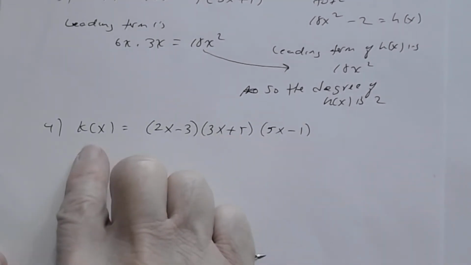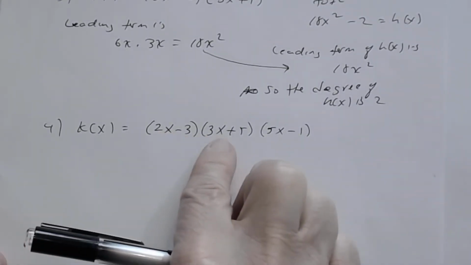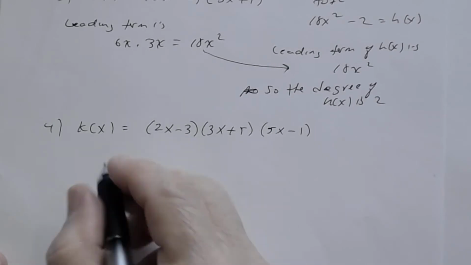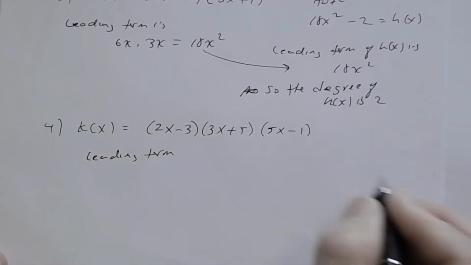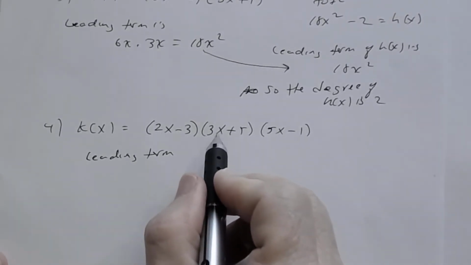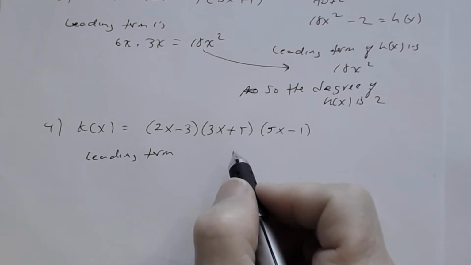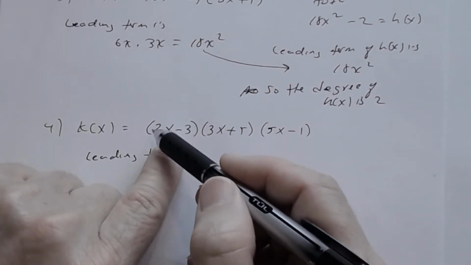So notice that k of x, this polynomial, I have 3 factors. So if you're going to find the leading term, remember the leading term is going to be the product of each leading term of each factor. So if you look at this first factor, what's your leading term? Your leading term is 2x.